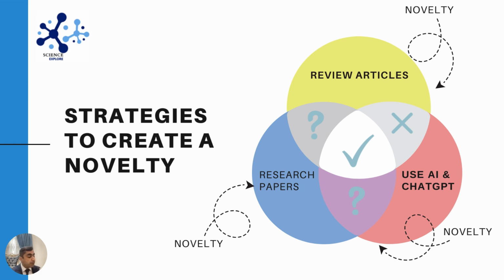When you find a new keyword in research papers, you can manipulate your title, first. Secondly, you can add new subtopics. Oh, this is good news. New subtopic means the novelty increased. Good. So, therefore, we can say research papers bring novelty to your work, to your review article.